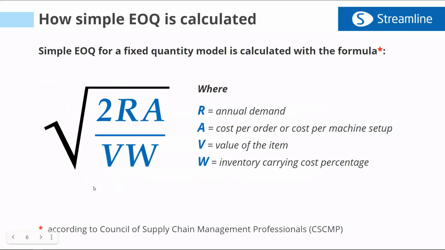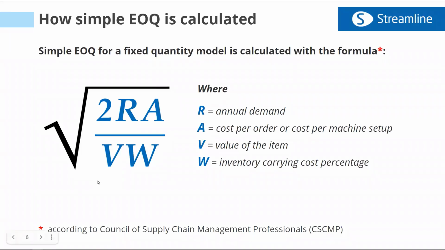Again, the simple and classic EOQ calculation is based on annual demand, cost per order, value of items, and inventory carrying costs or holding costs.